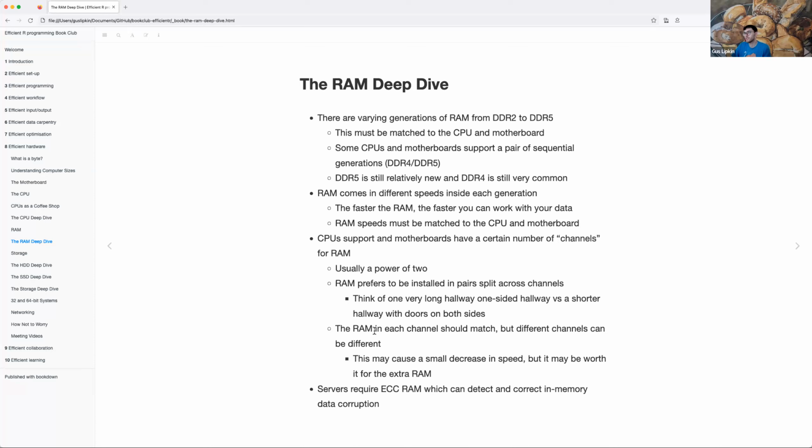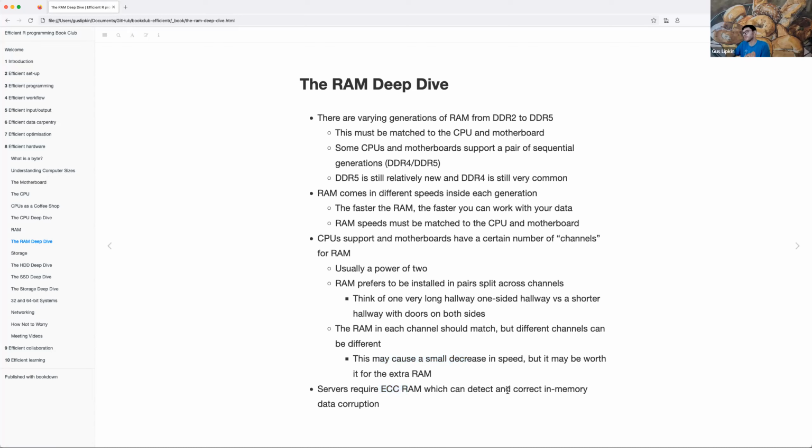And the RAM in each channel should match, but different channels can be different. But again, it might slow down a little bit, but then you have to decide, is it worth it for the extra memory? And then servers require special RAM, which can detect and correct in-memory data corruption.